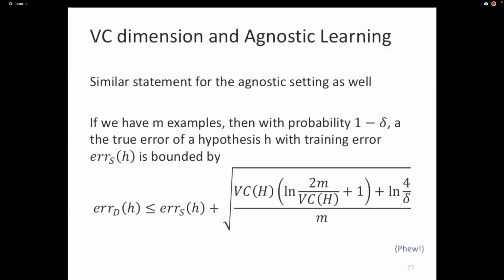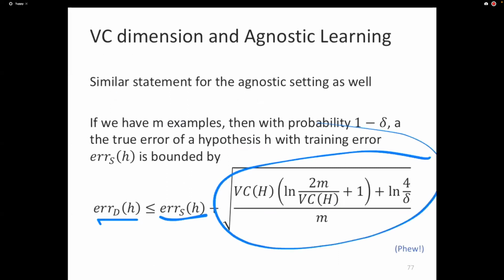Okay, this is for a consistent learner. I can also do this for the agnostic setting and things get ugly, but basically you have a generalization bound that says the generalization error of the hypothesis is the training error plus this expression that is basically a polynomial in the VC dimension. Once again, we have a polynomial in the VC dimension.